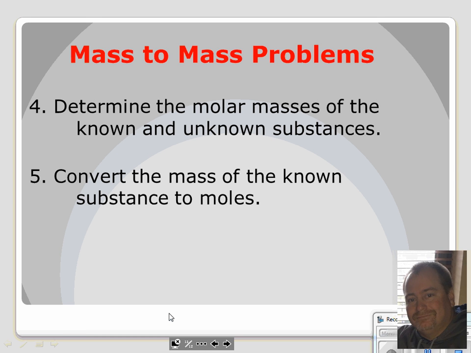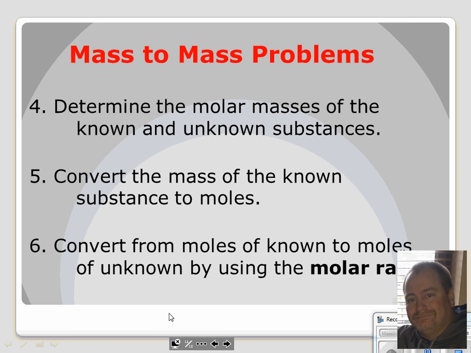You're going to see that this right here, that's a flux capacitor move. Mass to moles. So convert the mass of the known substance to moles. Step number 6 is to convert from moles of a known to moles of the unknown by using the molar ratio.